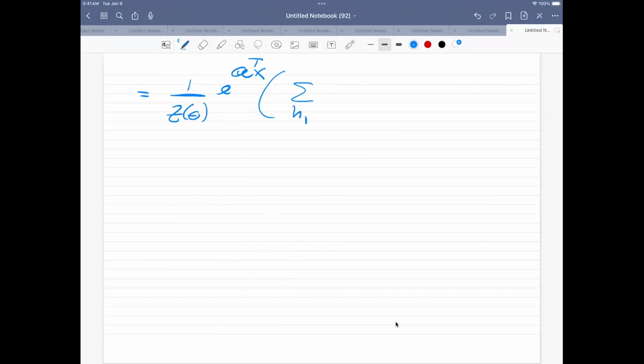So I have H1. So I'm just writing out every single component. And H1 could now be -1 or +1. I have only two values. So that could be 0 and 1.